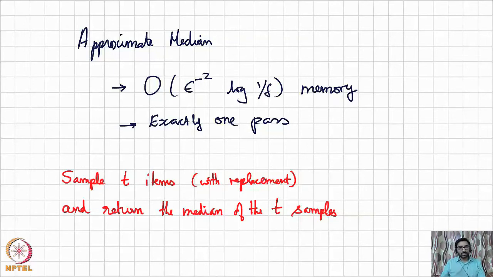Of course, the only thing that remains is for us to know what the value of t is, and that's going to be our primary concern. So if we plug in the appropriate value of t, we will get an approximate median. But for that, we first need to be very clear about what we mean by an approximate median.